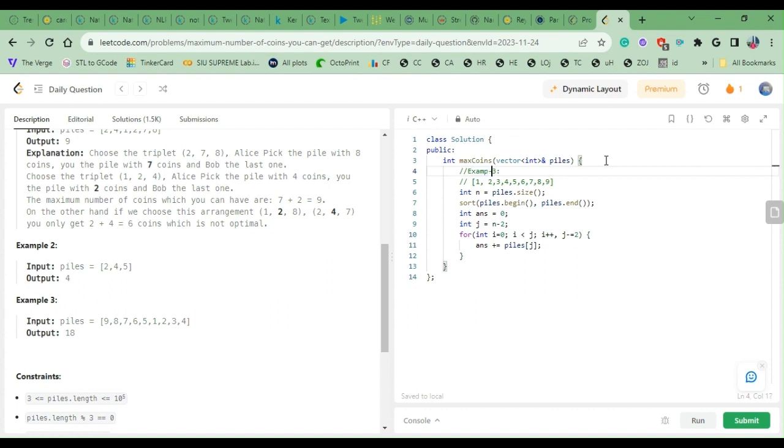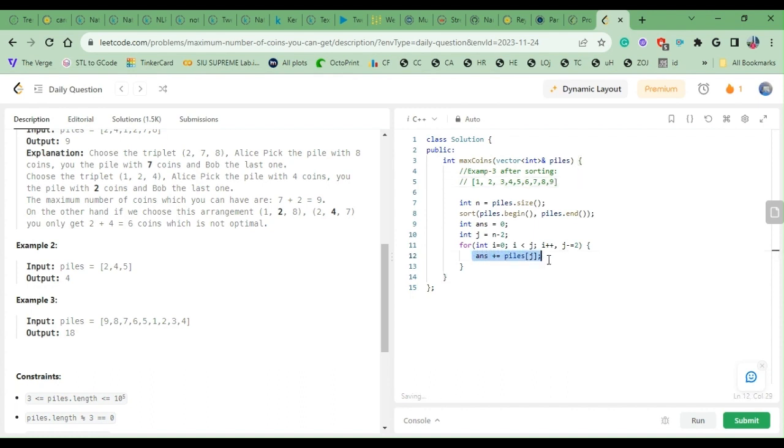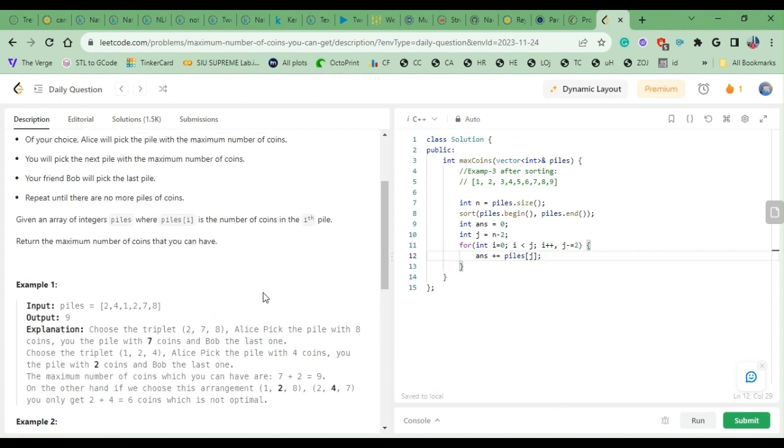So after sorting, this is example 3. As I'm adding the numbers, the answer would always be the maximum number of coins that you can give. So that is actually how you sum up your total coins.